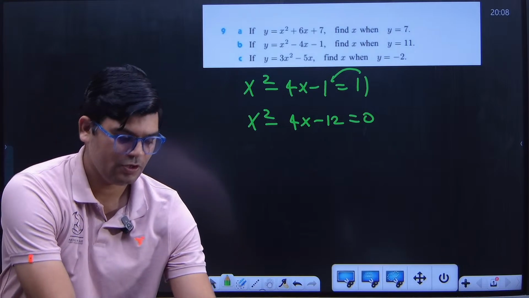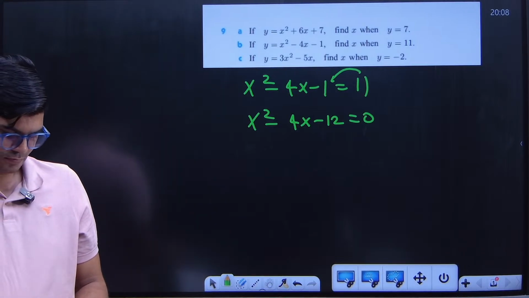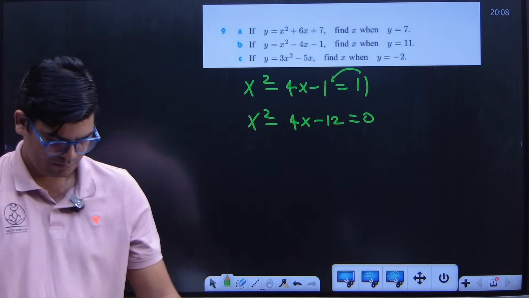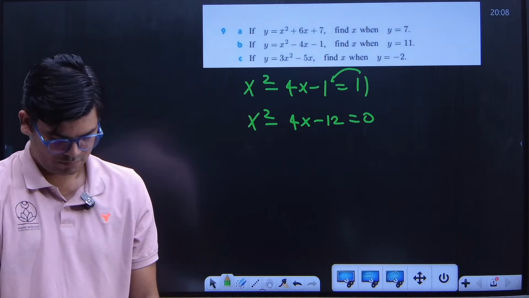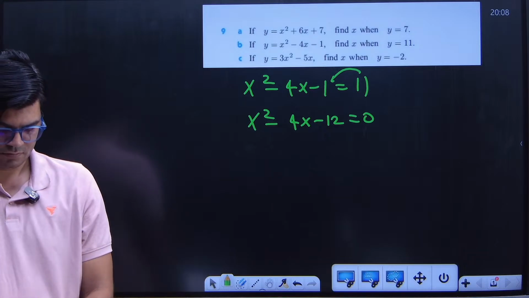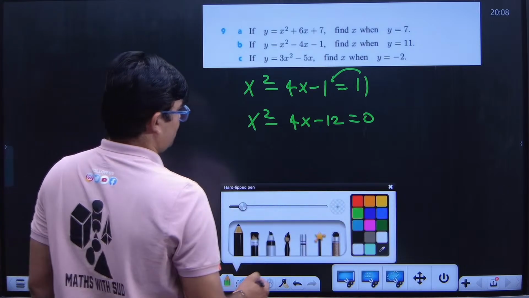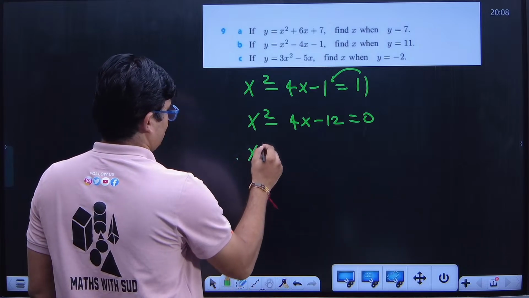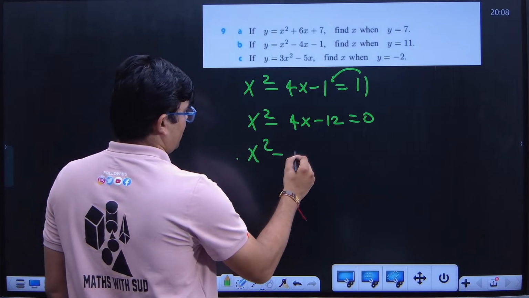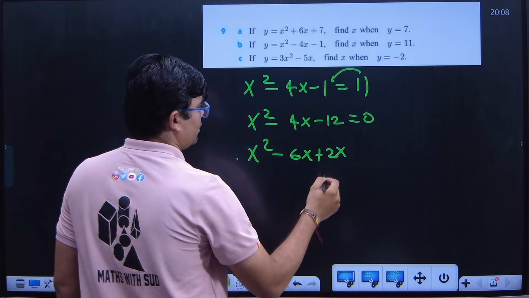So if you factorize that, what will you get? Tell me. Sir, x minus 4 and x plus 3.